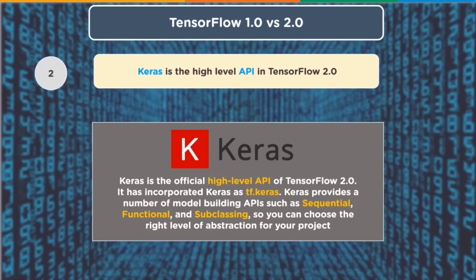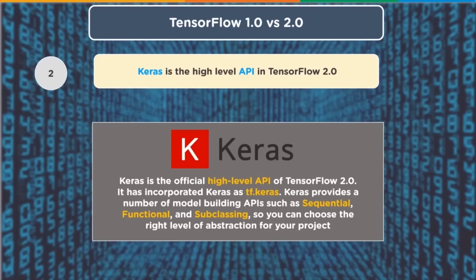Functional can have a very complicated graph of directions. You can have the data split into two separate tensors, and then it comes back together into another tensor, all those kinds of things. And then subclassing is really the complicated one, where you're adding your own subclasses into the tensor to do external computations right in the middle of a huge flow of data.